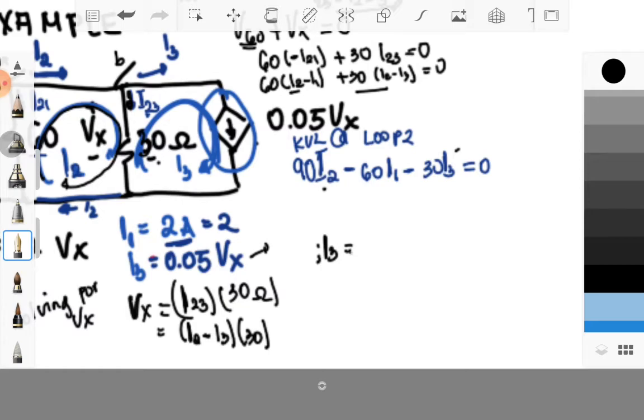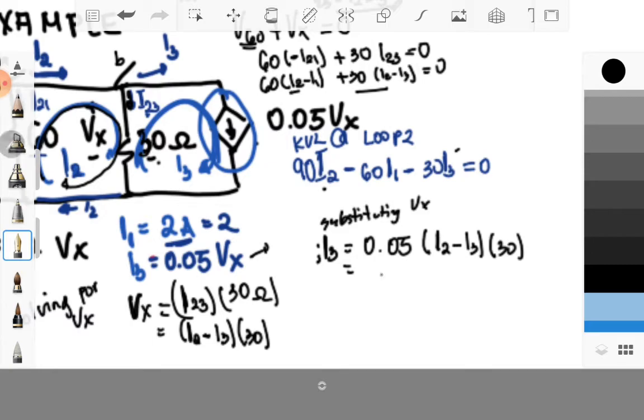is equal to 0.05 multiplied by substituting our Vs, Vx. So, we have I2 minus I3 multiplied by 30, which is basically equal to 0.05 times 30 is equal to 1.5, tama, or 3 halves.